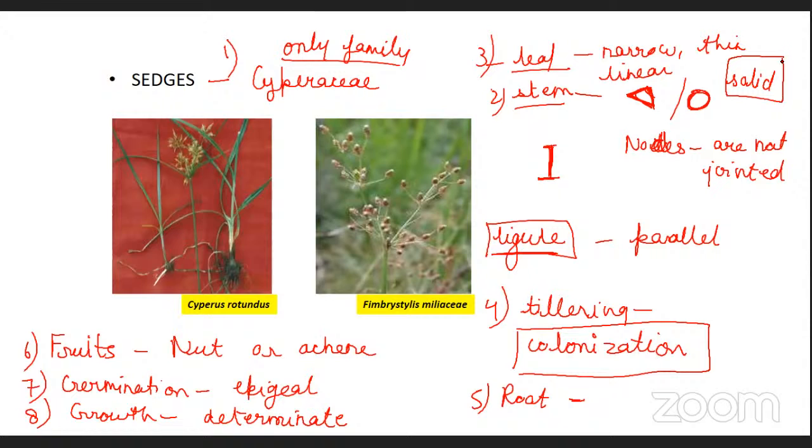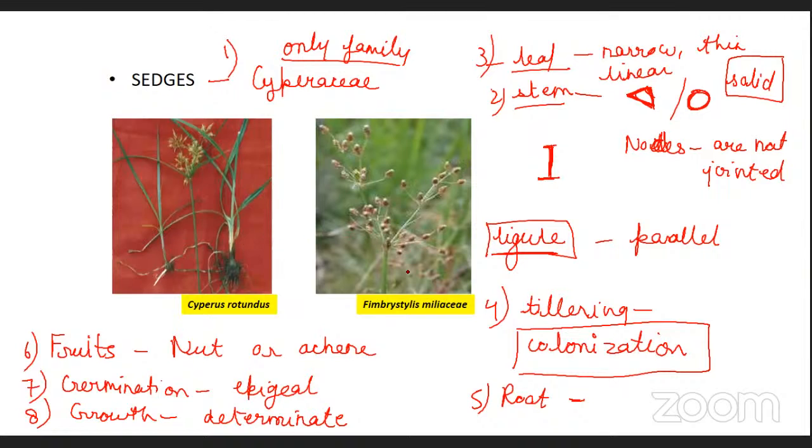Ma'am, what about their leaf pattern? You told us that in grasses the leaves appear alternately. So in sedges, what is the pattern? Usually, in sedges also, the leaves are like this only.